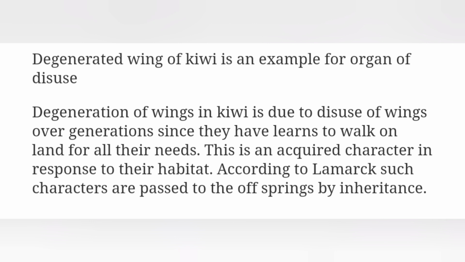Degeneration of wings in kiwi is due to disuse of wings over generations since they have learned to walk on land for all their needs. This is an acquired character in response to their habitat. According to Lamarck, such characters are passed to the offspring by inheritance.